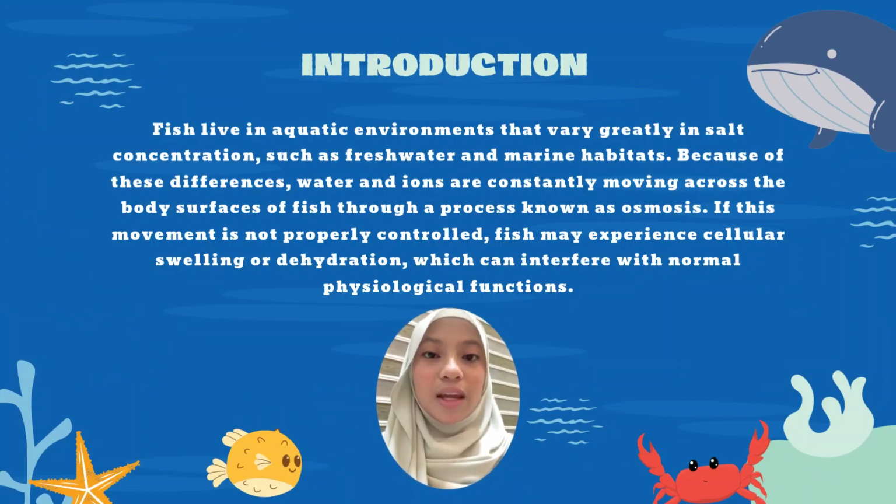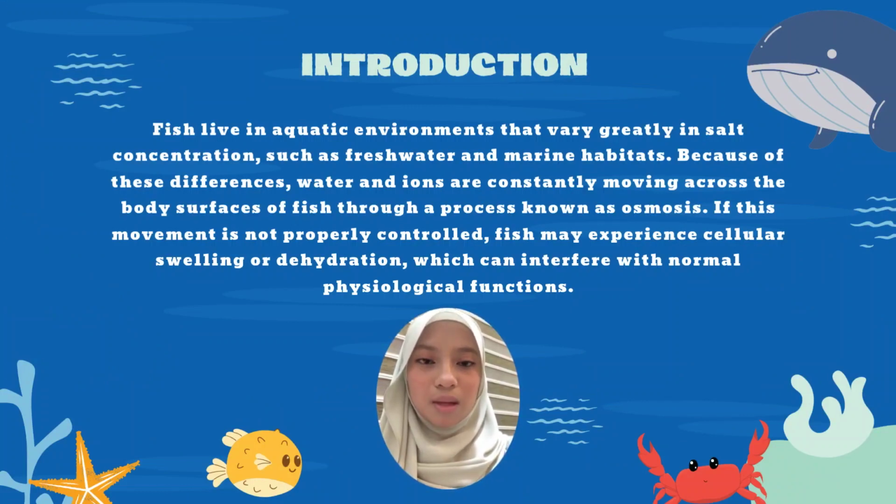Fish live in aquatic environments with different salt concentrations, such as freshwater habitats and marine habitats, which are the saltwater habitats. Because of these differences, water and ions are constantly moving across the body surfaces of fish through a process called osmosis.